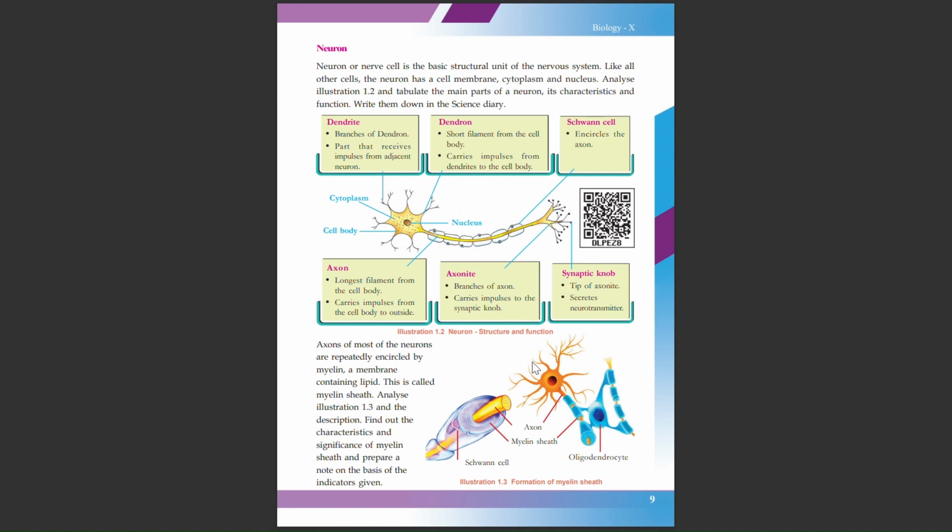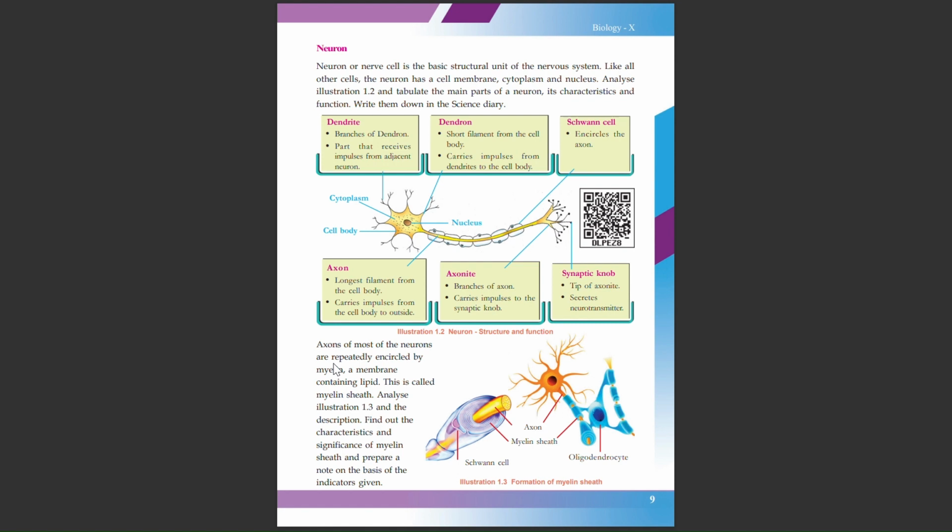There's a variety of chemicals called neurotransmitters in the synaptic node, which is really important. They are present in the form of vesicles that are released from the synaptic node, and then pass to the adjacent neuron.